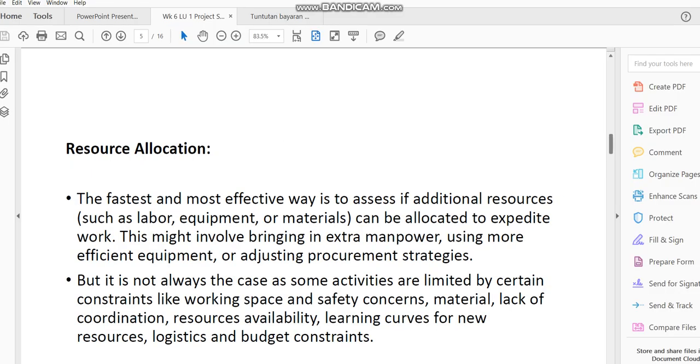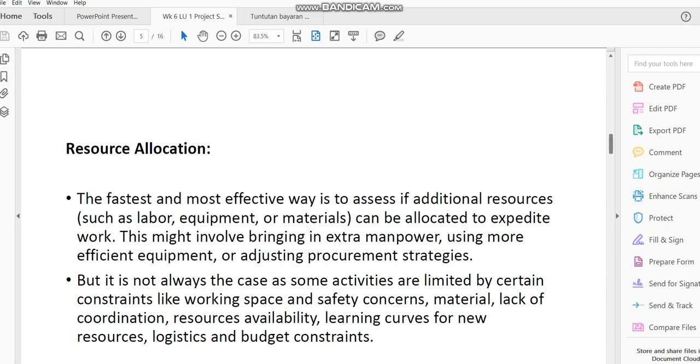Okay. Then of course, practically, we also have to look into what is the fastest way of solving the problem. Normally, adding more manpower and adjusting some resources will immediately, quite fast, bring things back to the original position.